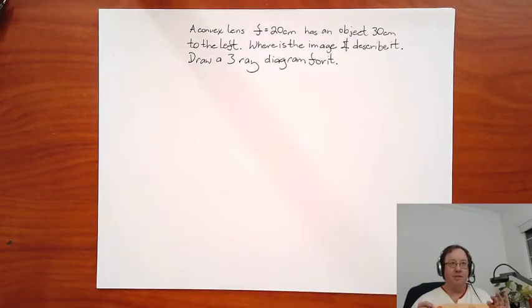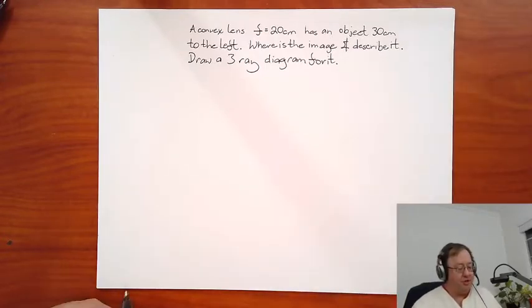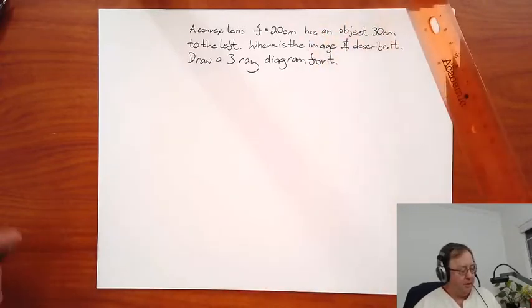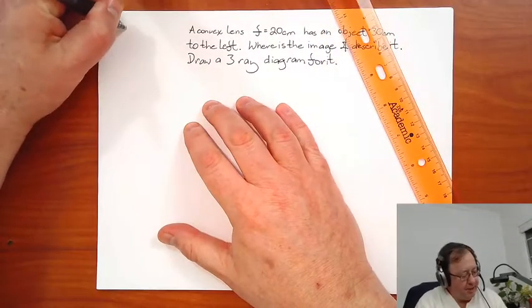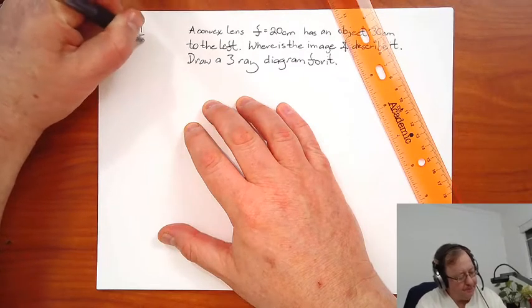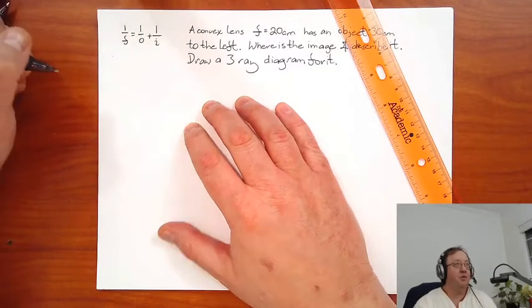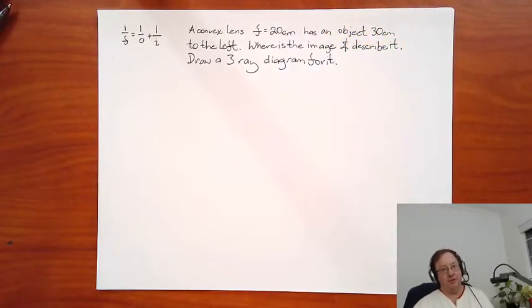So, step one, do the math. A lot of people just want to start drawing. Don't do that. You first have to use the almighty equation. 1 over focal length is 1 over object distance plus 1 over image distance.